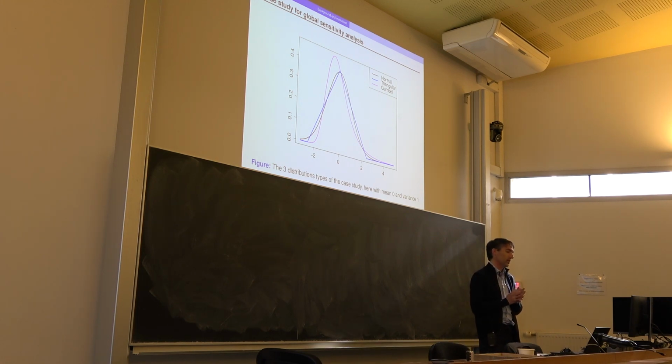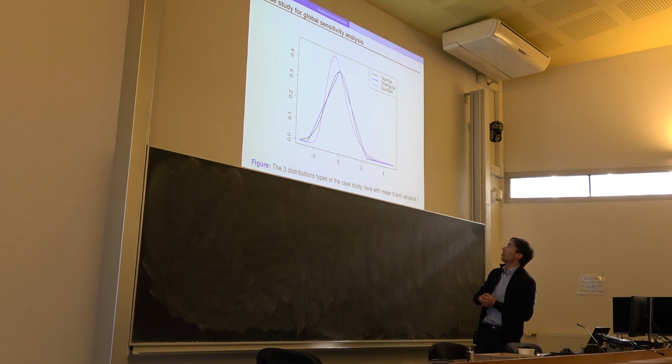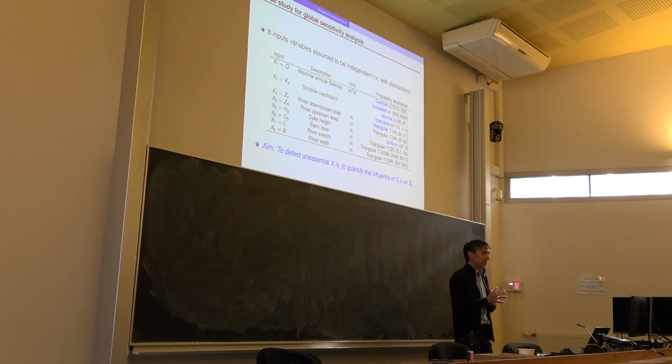And the Gumbel distribution, coming from extreme value theory, has more probability in the extremes. As you can see also in this table, most of these distributions have a compact support because in practice you don't like infinite values.